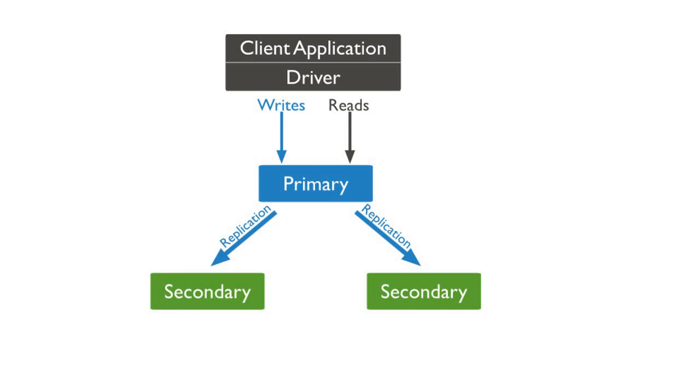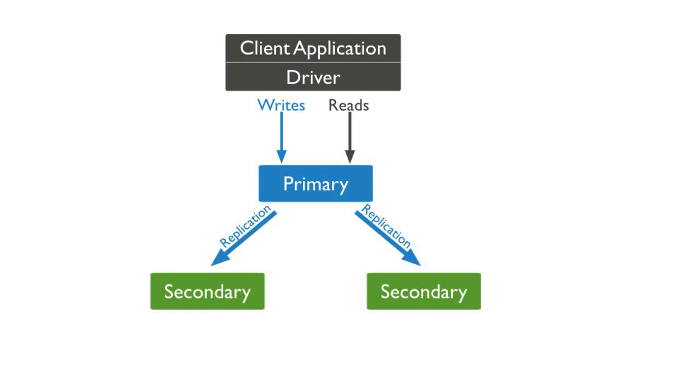The secondaries replicate the primary's oplog. The primary receives all the writes, so what is the role of the secondary here? The secondary replicates the primary's oplog, that is the operation log, and applies the operations to its data set such that the secondary's data set reflects the primary's data set. In short, according to the oplog, the secondary tries to retain a copy of the primary.